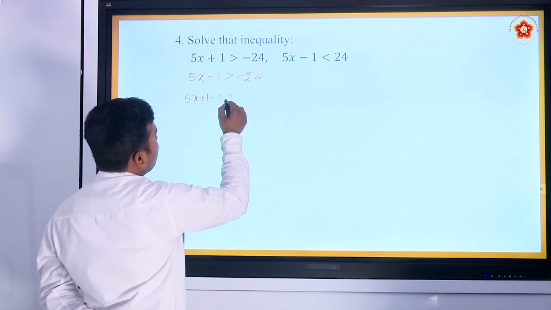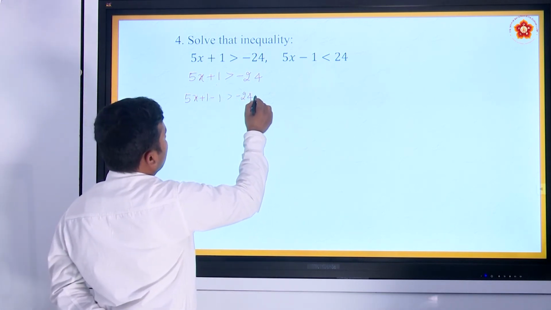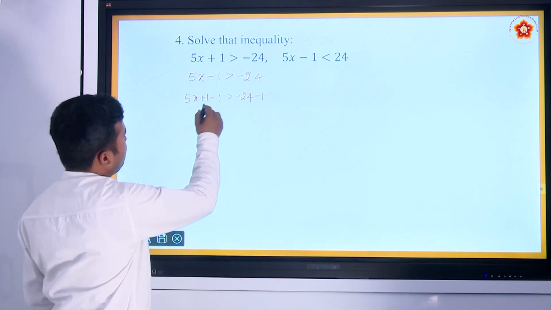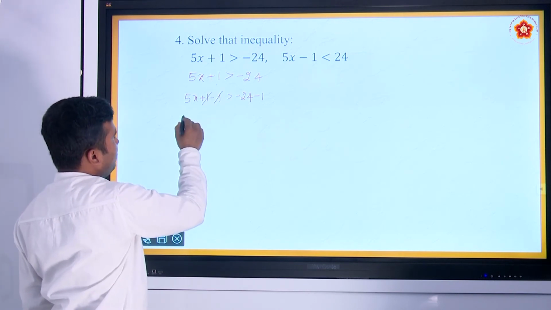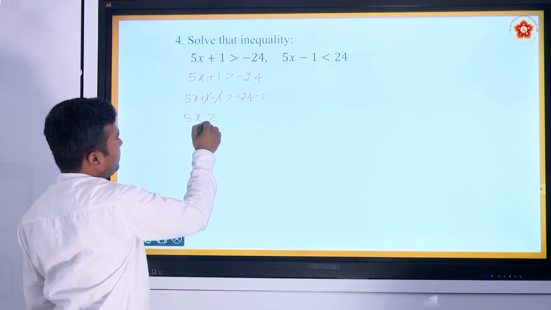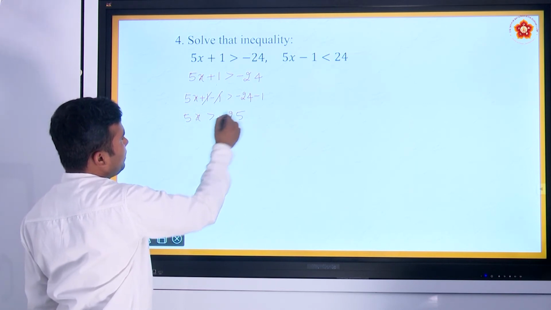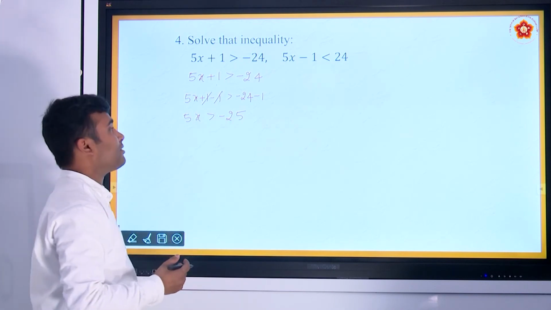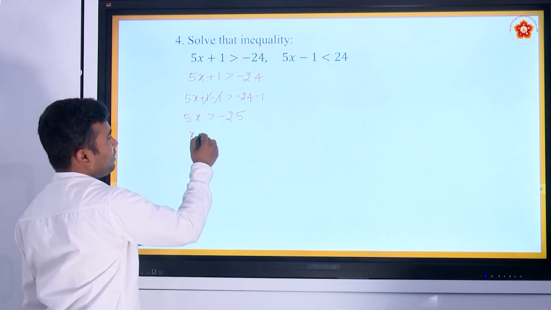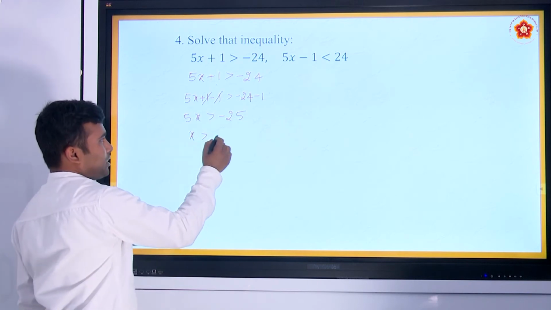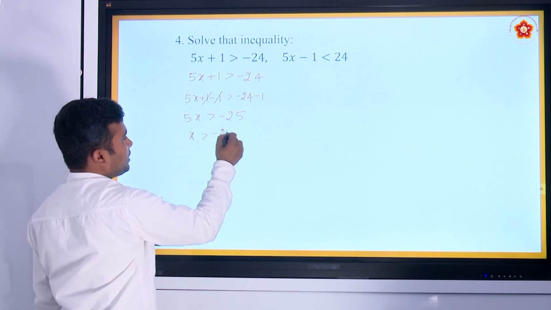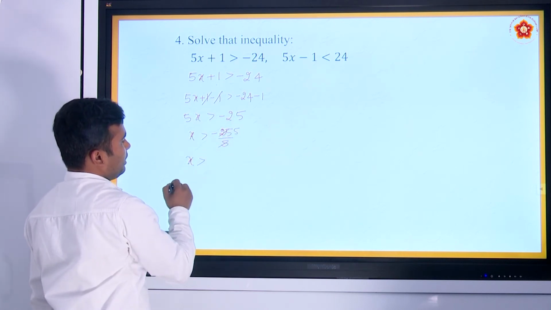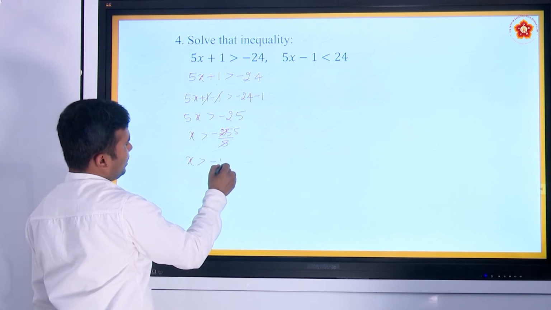So this is greater than minus 24 minus 1. The minus 1 and plus 1 will get cancelled, so 5x is greater than minus 25. Now you divide by 5 on both sides, and the inequality does not change. Then x is greater than minus 25 divided by 5. 5 ones are 5, 5 fives are 25. So I can say x is greater than minus 5.